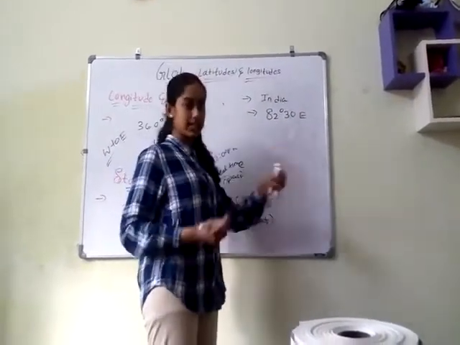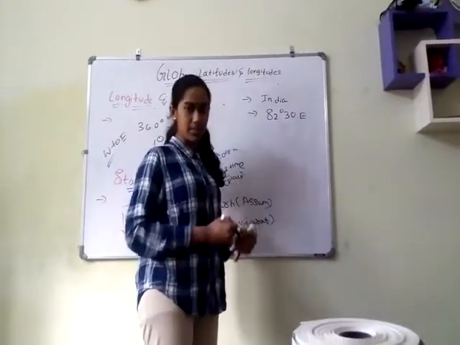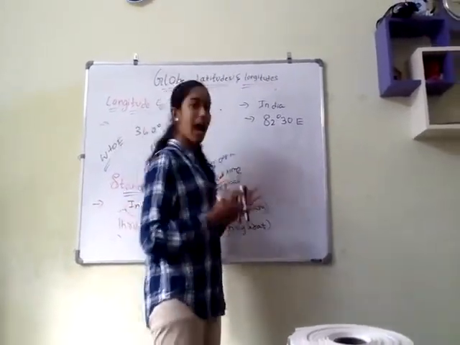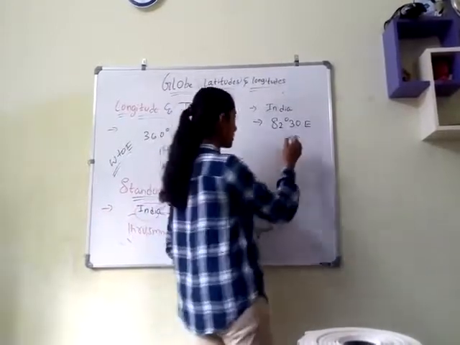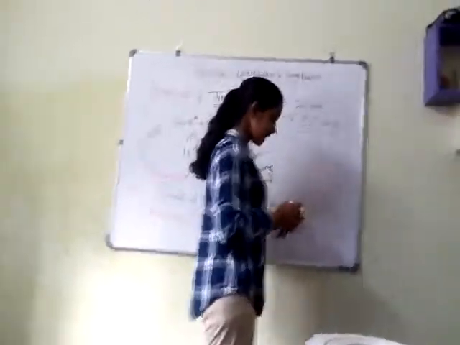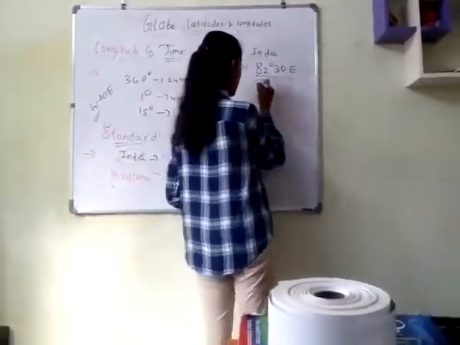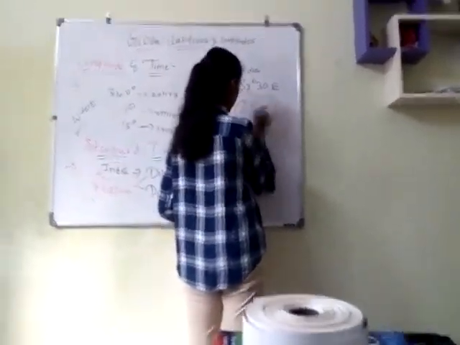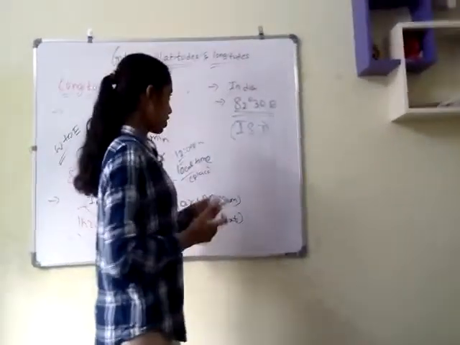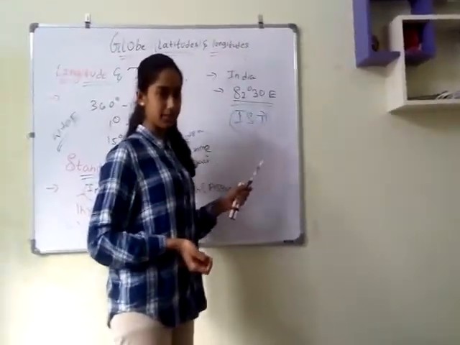India is located in the eastern hemisphere, so our time will be ahead of the Greenwich time. This 82 degrees 30 east is also called the Indian Standard Time, IST.